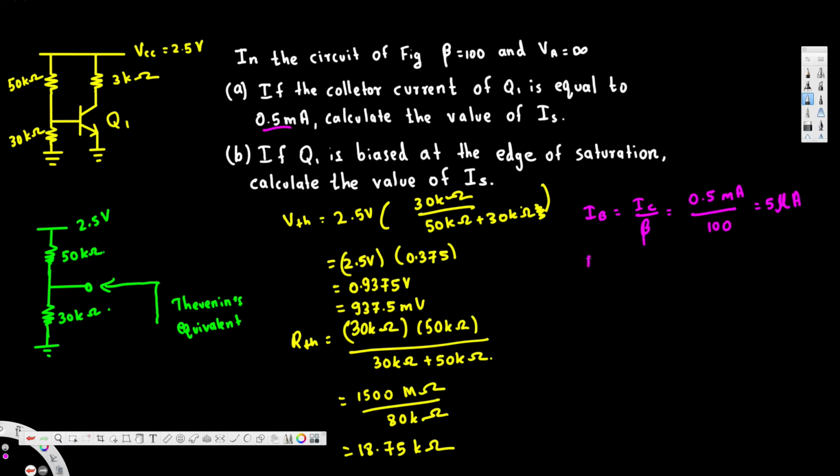And IB is equivalent to VThevenin minus VBE divided by RThevenin.